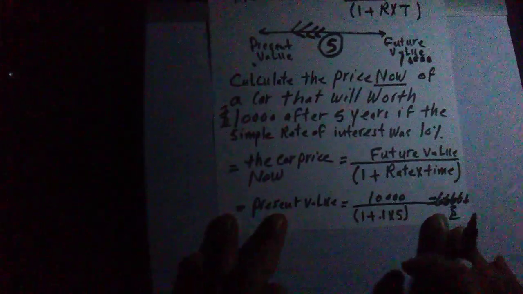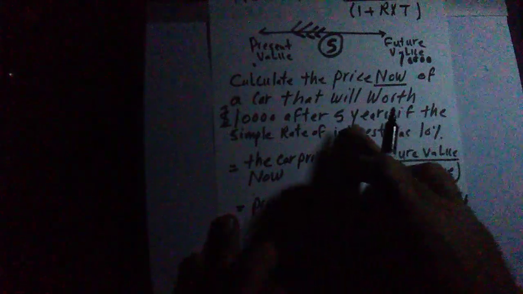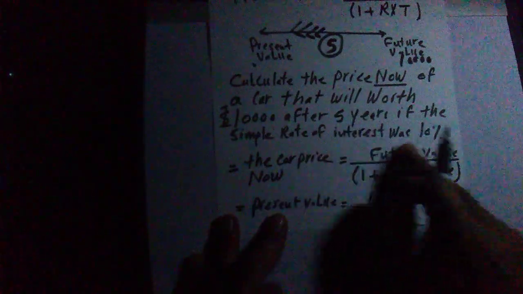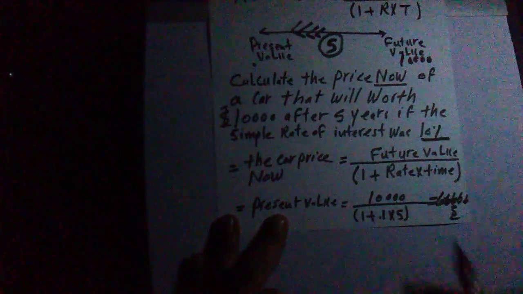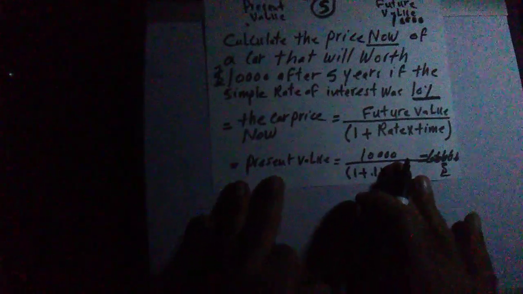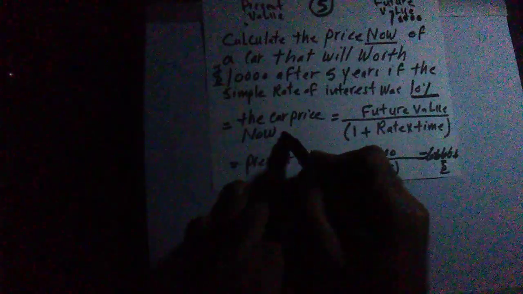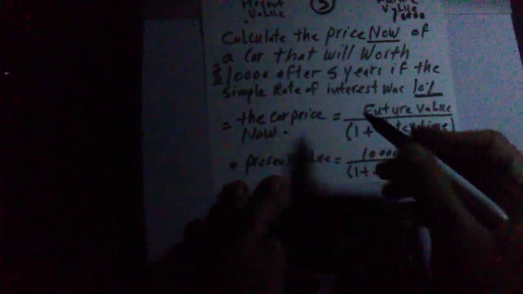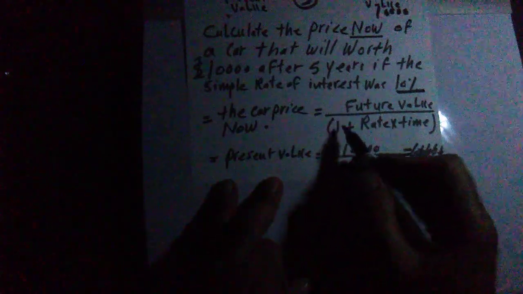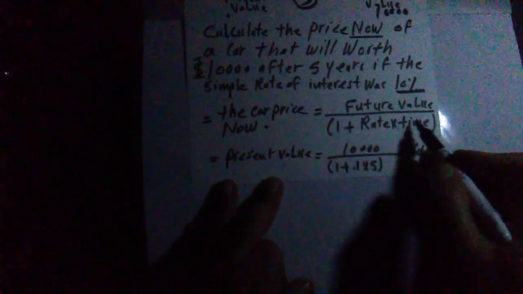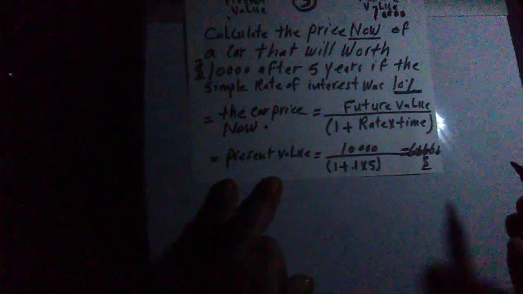So if the period of time is 5 years and the rate of interest, as you see here, is 10%, that's fine. The car price now, which is the present value that I'm calculating, will equal the future value divided by 1 plus the rate multiplied by the time, like we said before.